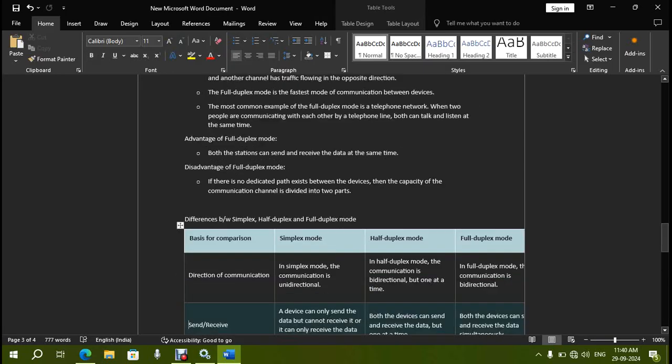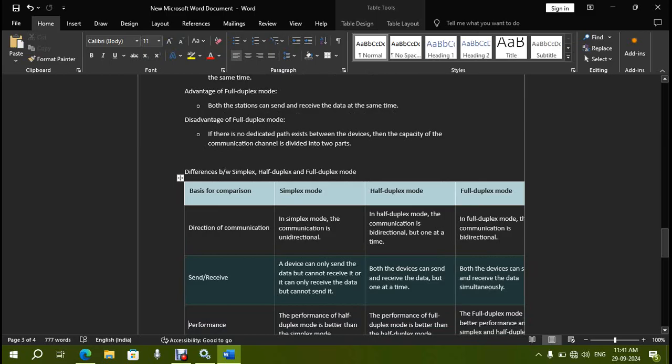The basic difference between simplex, half duplex and full duplex is the direction of communication. In simplex mode, communication is unidirectional, while half duplex and full duplex are bidirectional, but in half duplex, bidirectional only one at a time.